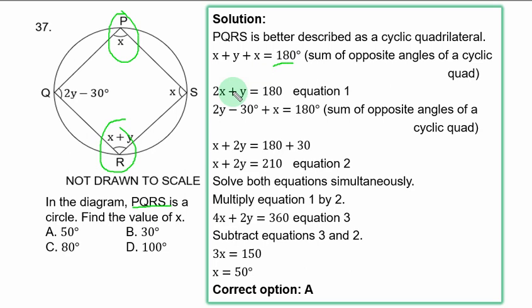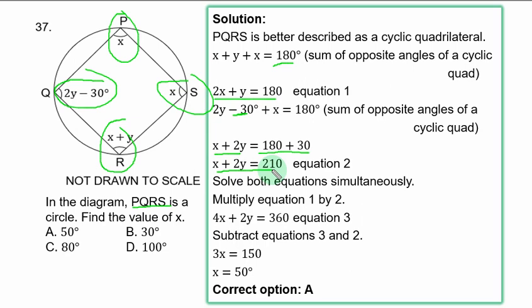Then from there you have 2S plus y equal to 180. Let's call that equation 1. If you add angle Q to angle S, the sum is also 180, sum of opposite angles of a cyclic quadrilateral. So with that, you have S plus 2y equal to 180 plus 30. If you transfer this angle, you have S plus 2y equal to 210, equation 2.